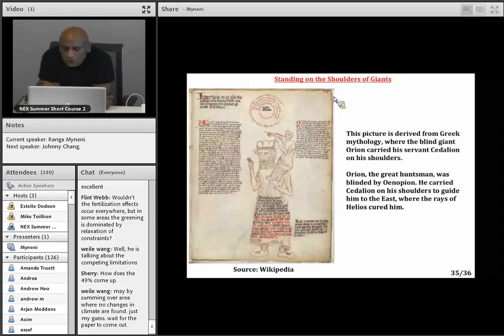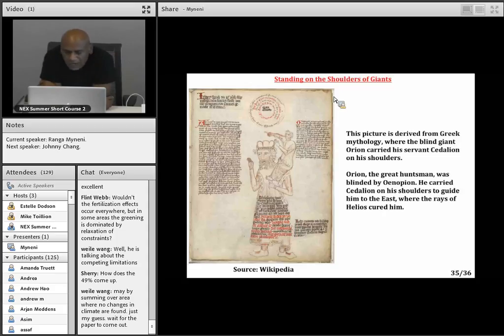So anyway, coming to the last few slides, you have heard of the expression standing on the shoulders of giants. And this actually is derived from Greek mythology. Orion was a great huntsman, and he wanted to marry. The mythology is quite confusing, but what I could get from it is he wanted to marry the daughter of a king, I think Oenopion, and the king did not want that, and so he had Orion blinded.